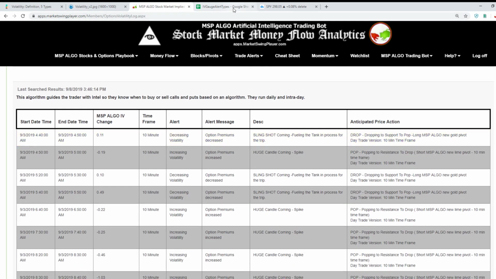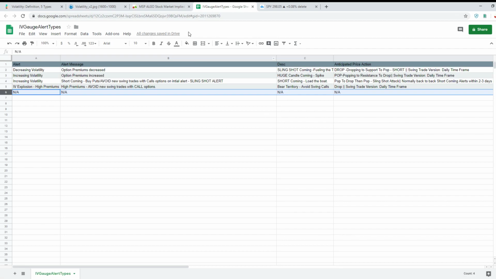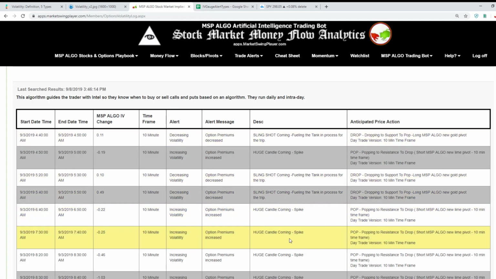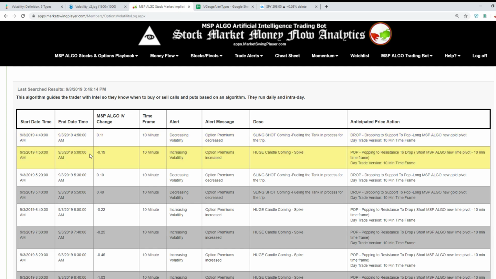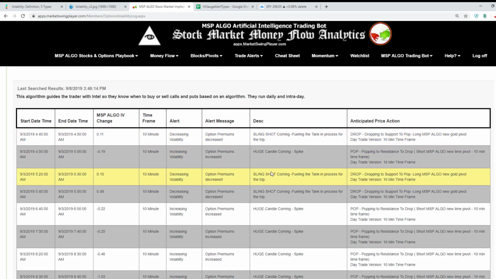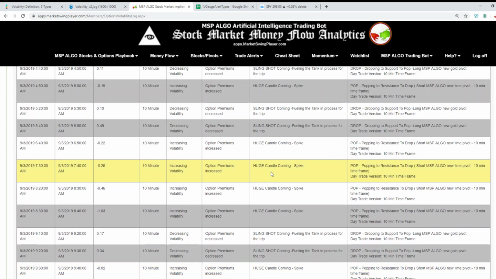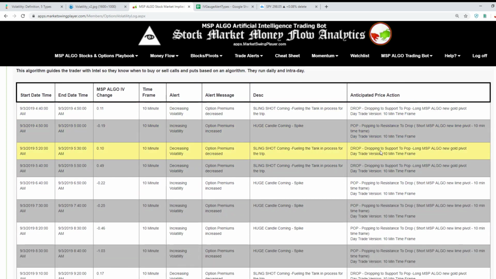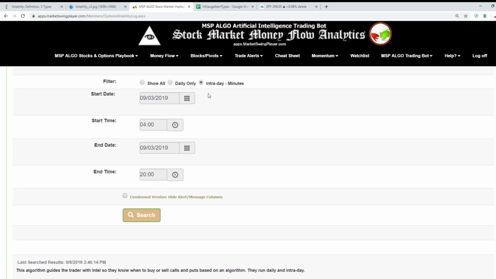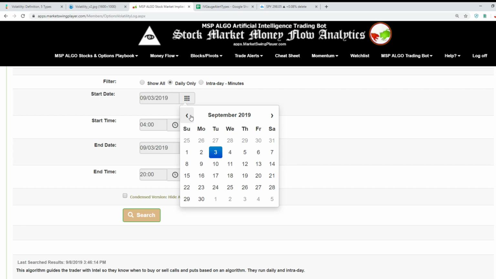So we pretty much went over what is in the grid here, or the rows, and what it's saying. So we could see that this is the intraday, and we could see that it's saying drop, pop, pop, drop. Intraday is going to be moving too much, so for our example, we're just going to look at it daily, and the best way to back test is to look historically.